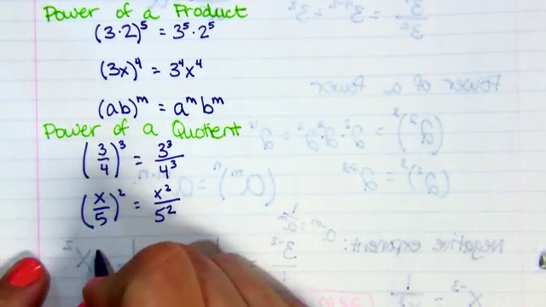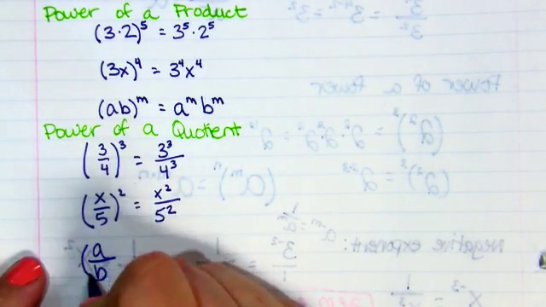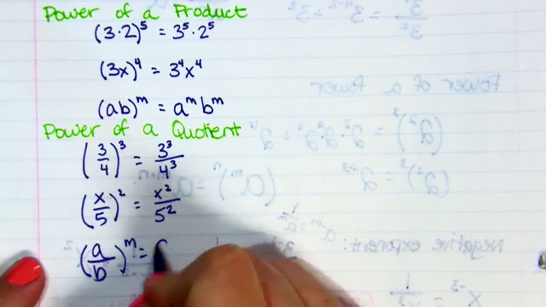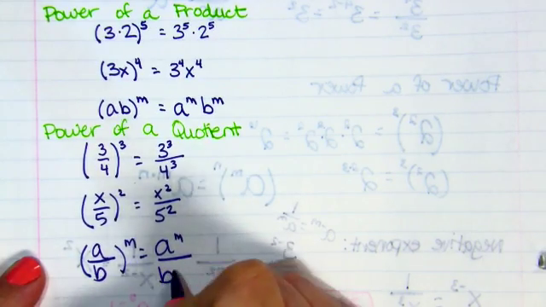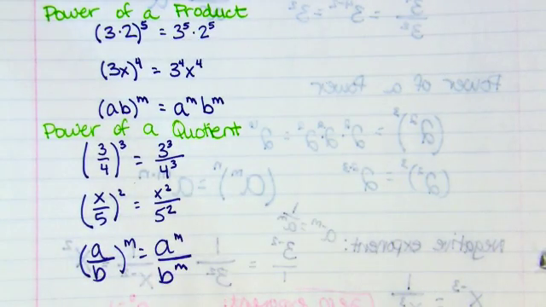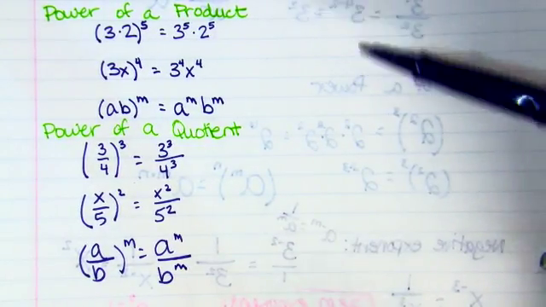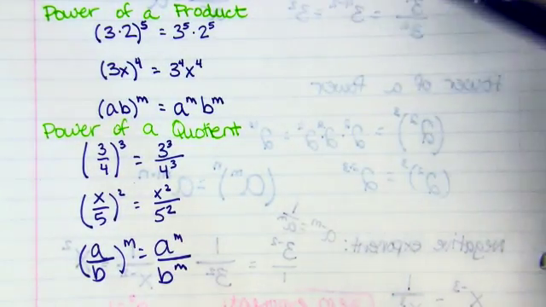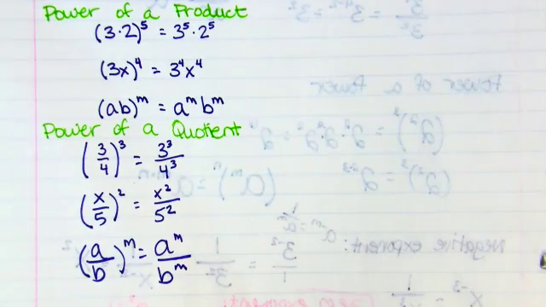Or just using algebra, a over b to the m power is a to the m over b to the m. So I think this is a pretty self-explanatory rule, but here are a couple of ways that it can be applied.